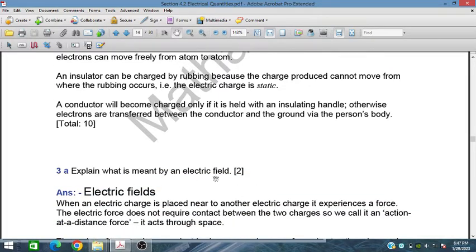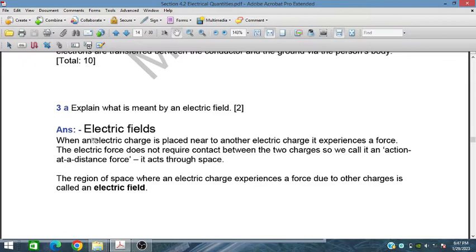Explain what you mean by an electric field. When an electric charge is placed near another electric charge, it experiences a force. So one charge has an electric field in its surroundings. If another charge comes, that charge will experience a force.